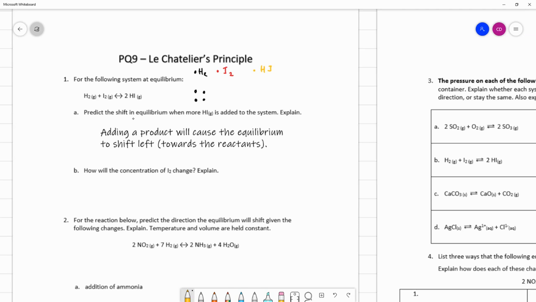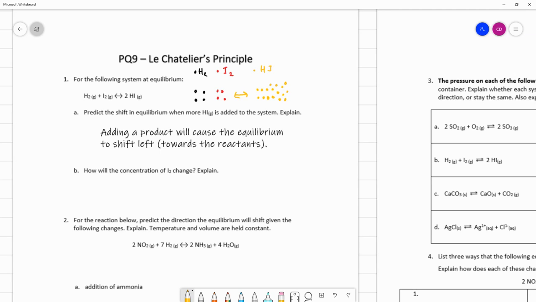So if we have this sort of setup, and I'm going to draw twice as many dots of HI based on the stoichiometry. Let's say we double the concentration of HI.